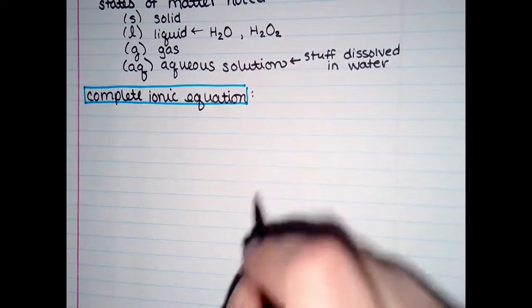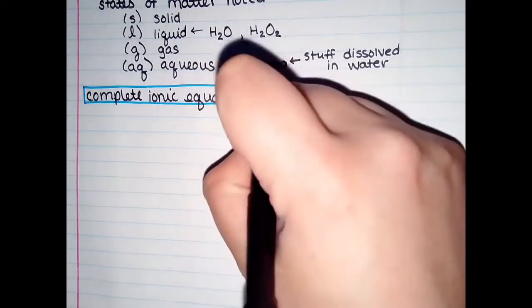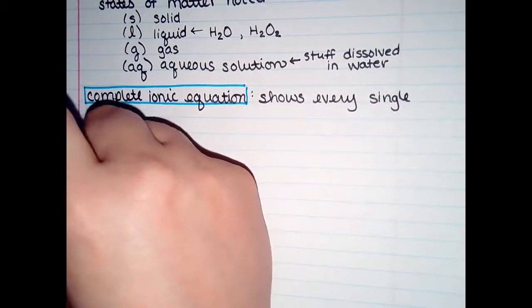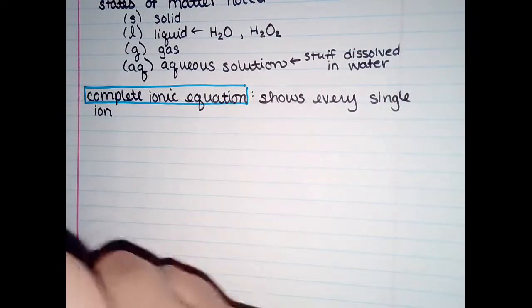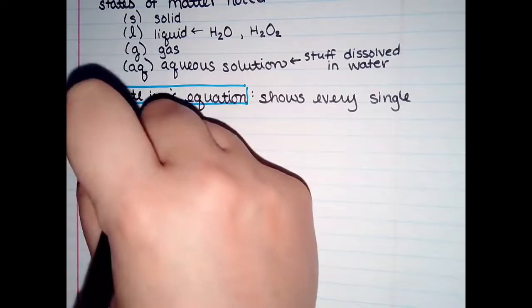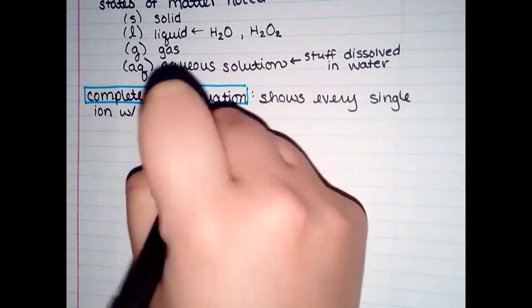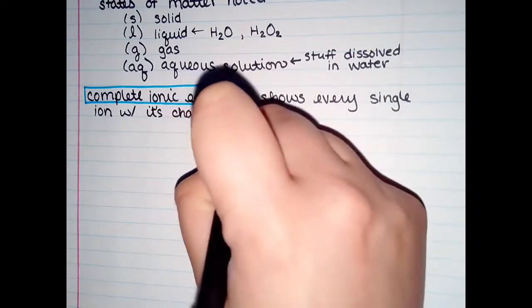The complete ionic equation shows every single ion with its charge and state of matter.